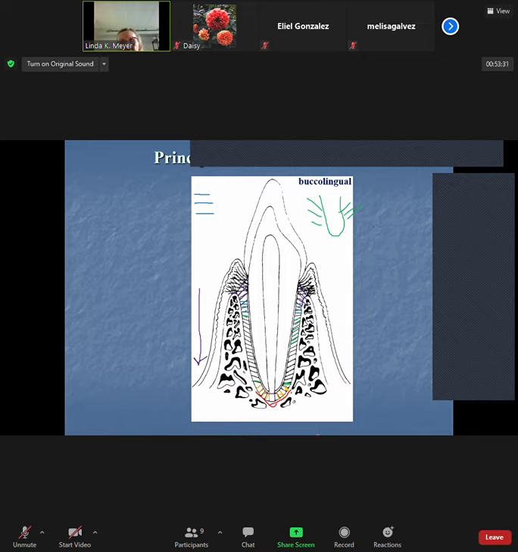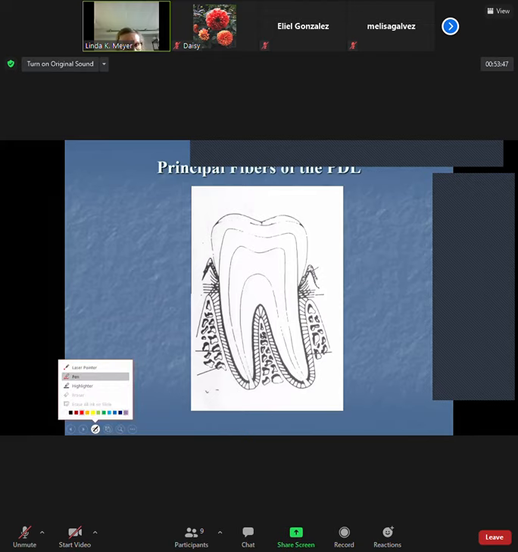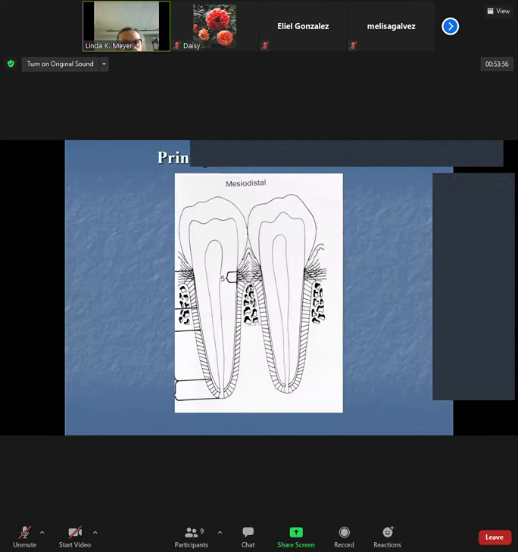Okay, and on an actual slide, these are relatively easy to make out. If we go to the mesial distal view, again, here's my alveolar crest. Here's my alveolar crest fibers.